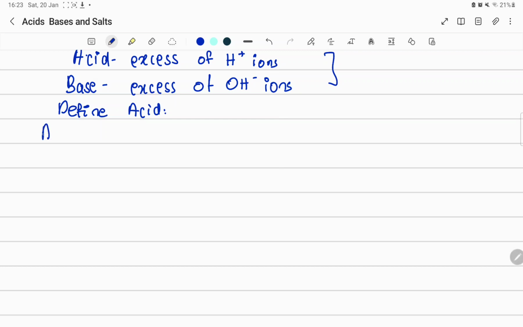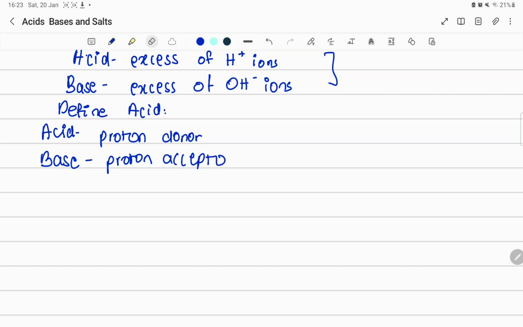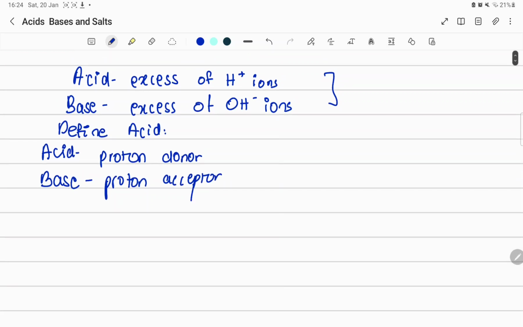So you need to memorize and know that an acid is a proton donor, and a base is a proton acceptor. We do not need to go into details for this. All you need to know is the definition that an acid is a proton donor and a base is a proton acceptor.